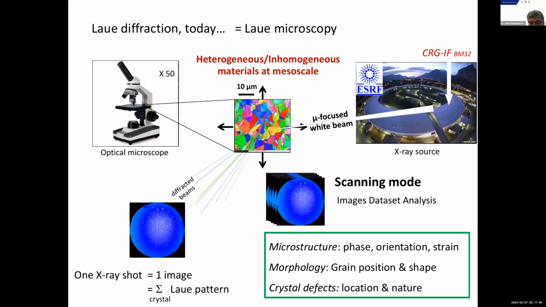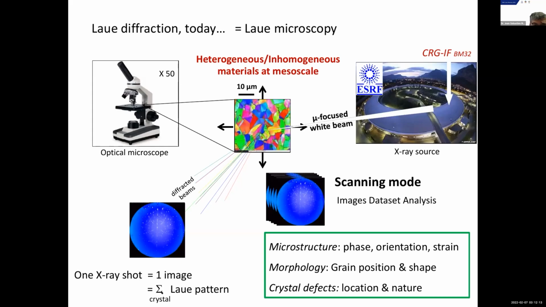So, as I said, we can collect a Laue pattern at any specimen position. In one X-ray shot, we have one image, and this image can be a superimposition, a sum over the crystals in the sample inside the probed volume, because the X-ray can penetrate more or less deeply into the material.